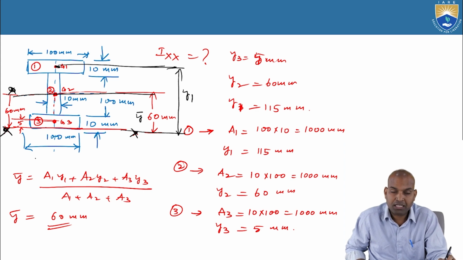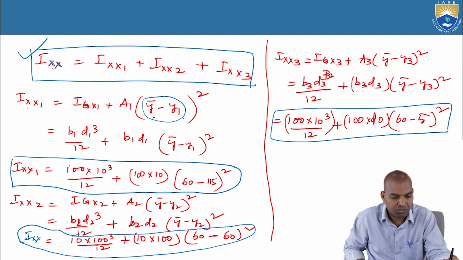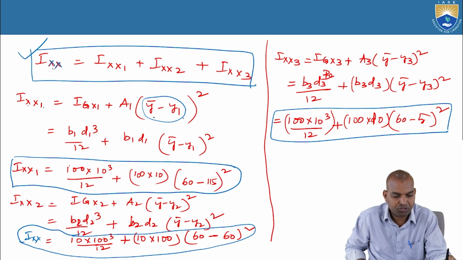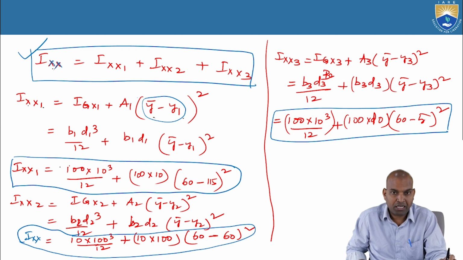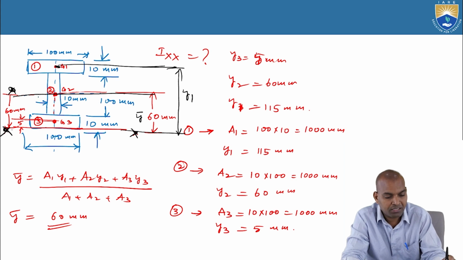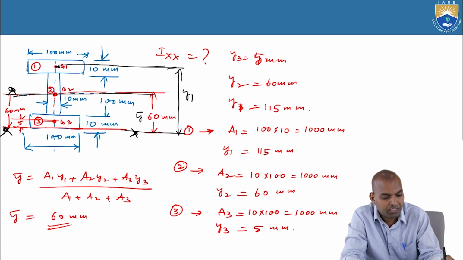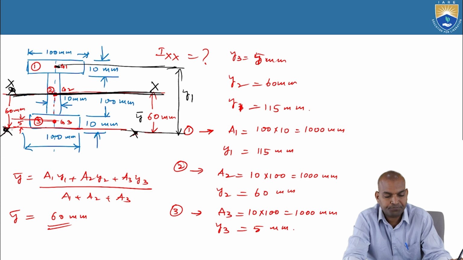Parallel axis theorem. This bar y minus y1 indicates the distance of the centroid from that axis. This Ixx is passing through the centroid. This is what we calculated: Ixx1, Ixx2, Ixx3. The sum is about the centroidal axis we considered while solving the problem.